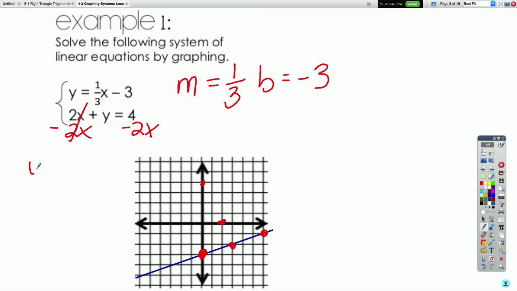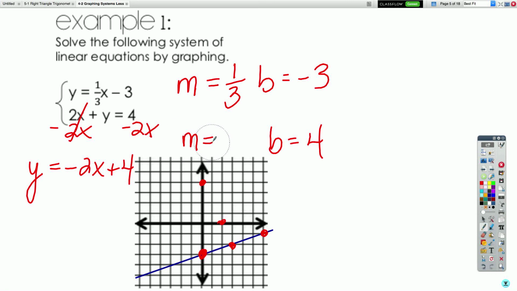You're left with y equals -2x plus 4. Y'all with me? So your graph is going to start at positive 4. My b is 4, and my m is -2 over positive 1.